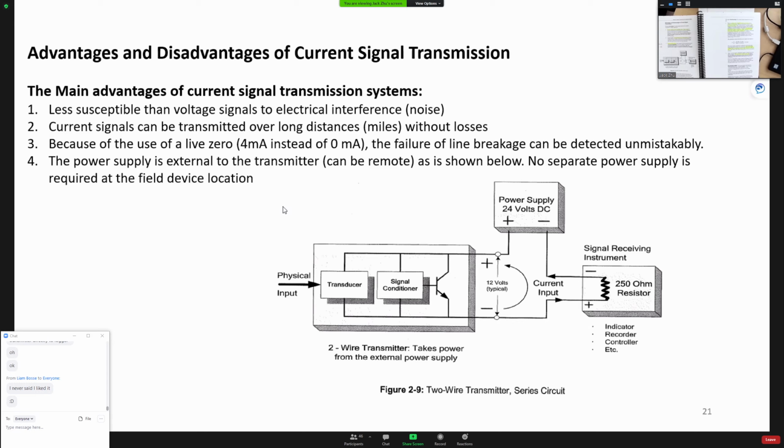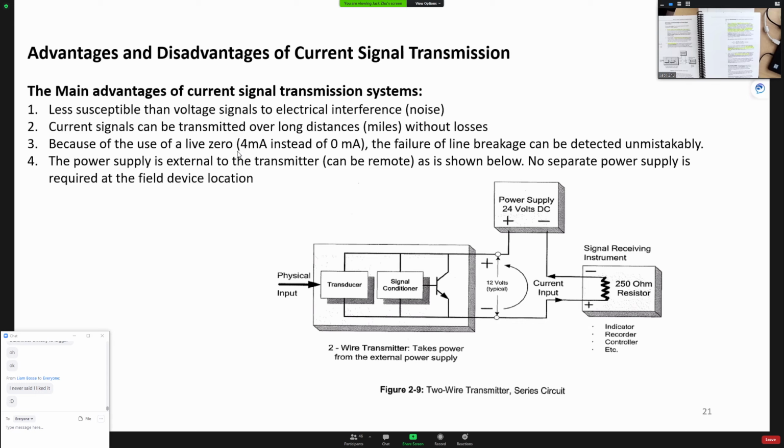Because if you're using a voltage signal and you receive 0 volts, you might not know if the input is actually 0 or if there's damage in the circuit, an opening on the wire or anything.